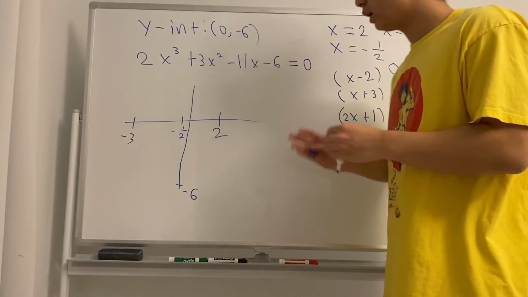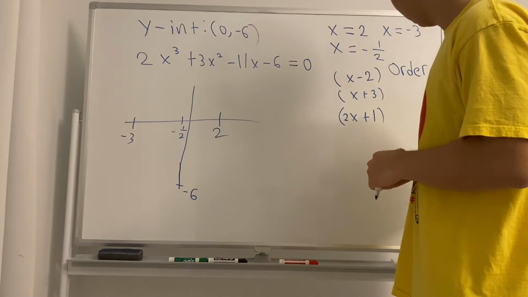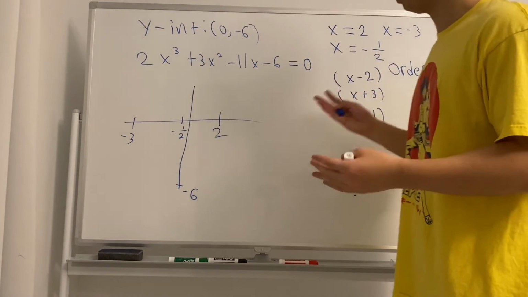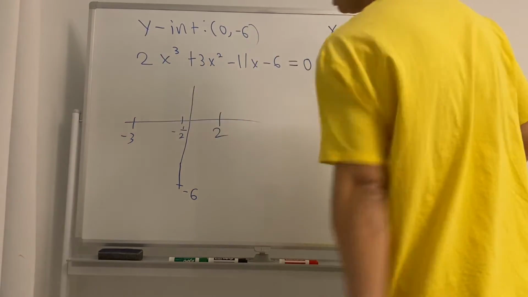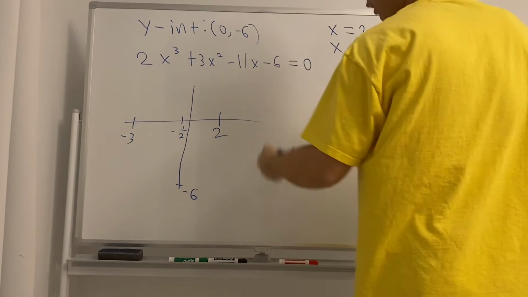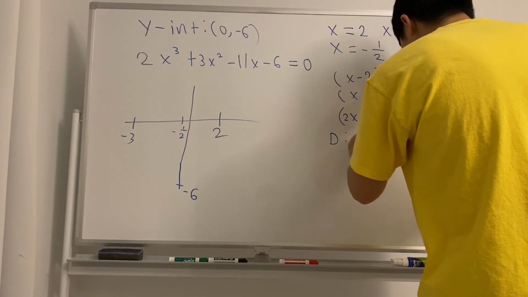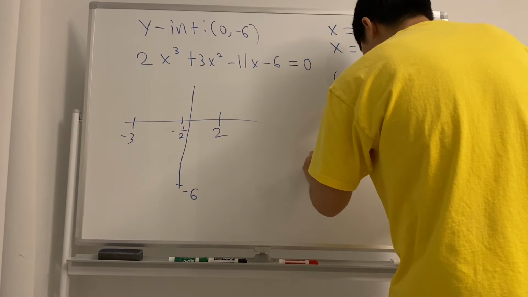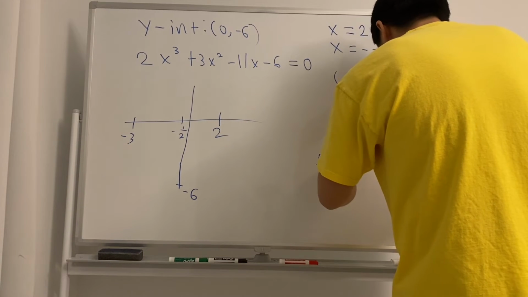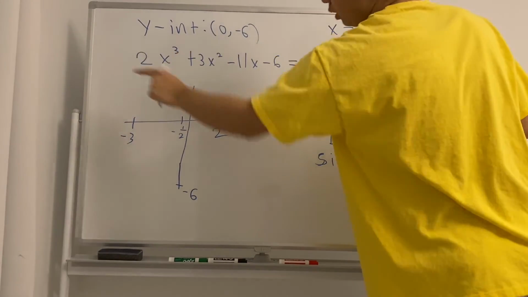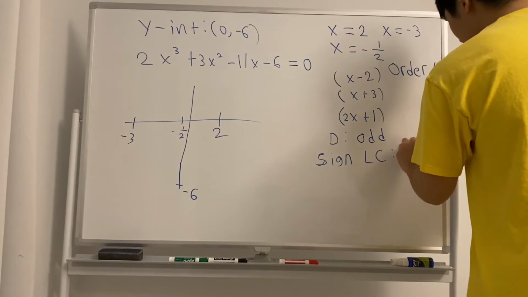Next thing we're going to do, we have to find out the degree of the polynomial, and that is 3. So I'm going to put d for degree. It's 3, so it's odd. And the sign of the leading coefficient is 2, and 2 is positive, so it's positive.